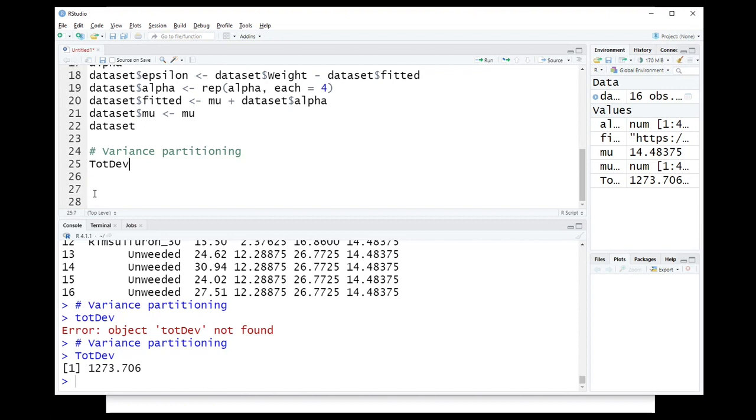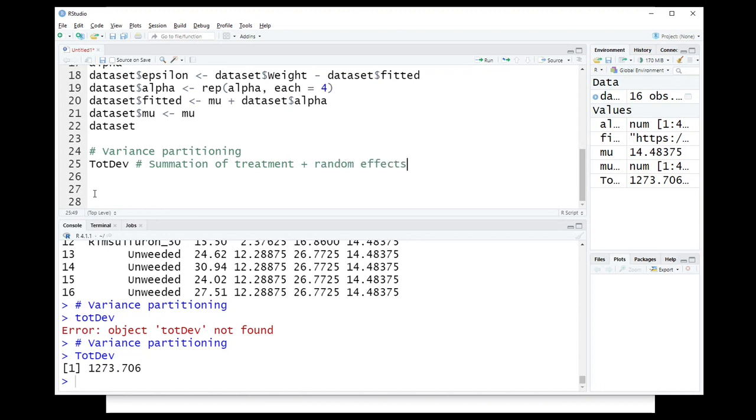So I'm just asking you, where does this variability come from? Ali is telling me summation of treatment effects plus random effects.